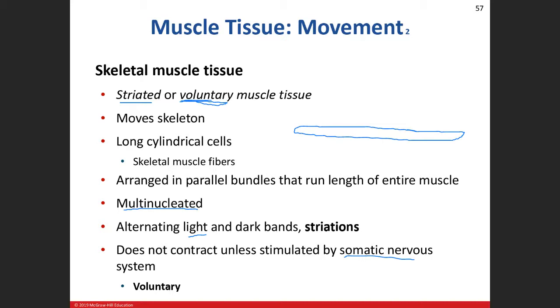The motor part of it is skeletal muscle. So you have conscious perception of some of your senses. That's part of the somatic nervous system. When you have conscious or voluntary control of movement, that is also the somatic nervous system, specifically the motor component to it. We'll learn about that.